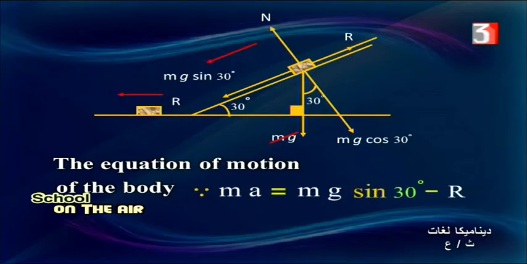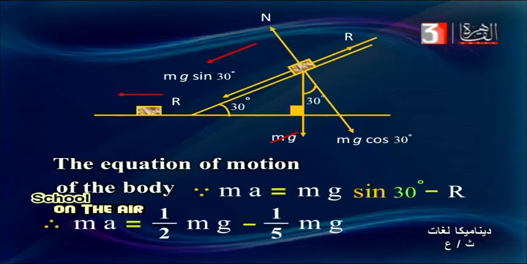MA equals mg sine 30 minus R. R is the resistance of the inclined plane. MA equals mg sine 30, which equals half mg, minus R, which equals 1 over 5 of the weight of the body, mg. Then the resistance equals 1 over 5 mg.